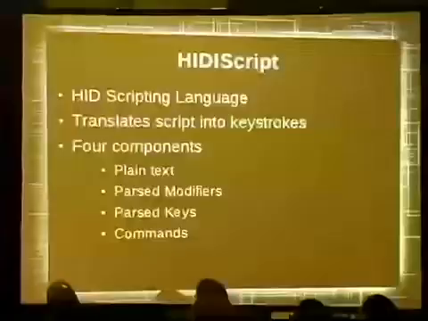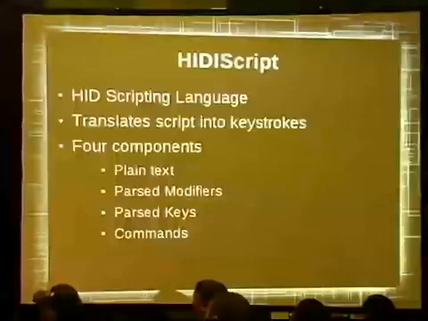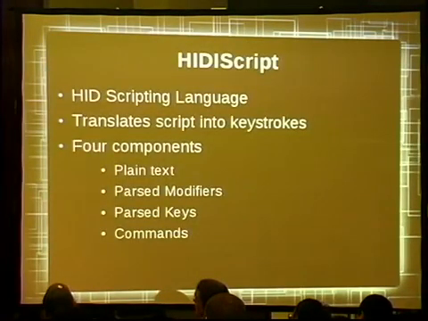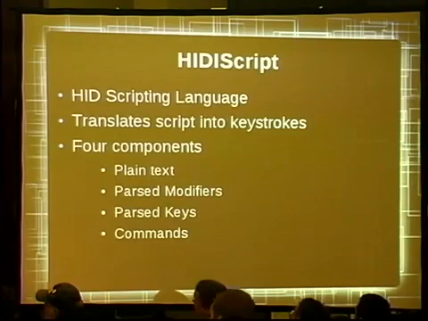There are 4 main components to it. So you have plain text, so you don't have to use this scripting language for everything. In the middle, when you want to type in hello world, you just type in hello world. And then when you need to use the special keys, at that point, you can use the language. There are special modifier keys like Control, Alt, Shift. You hold them on their own, and they don't really do much. But when you hit Control S, the combination of the two means something significant.